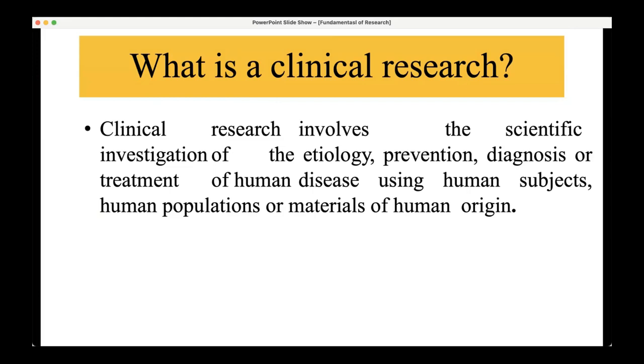The clinical research involves the scientific investigation of the etiology, prevention, diagnosis, treatment of human disease using human subjects, human population as the materials.